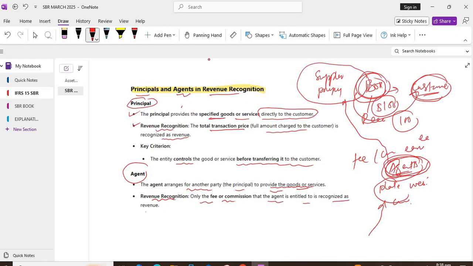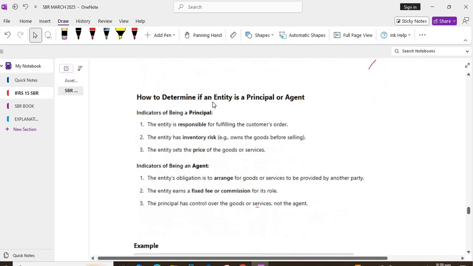So if the supplier has an agreement with the agent that they will pay, let's say, 8% per transaction, then the revenue for this agent will be 8%, not the whole amount, the total transaction price for the goods or services. Clear?